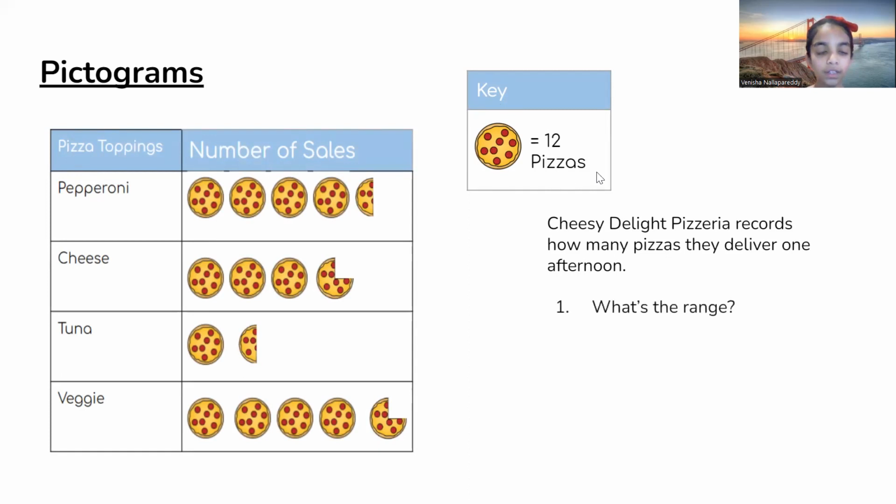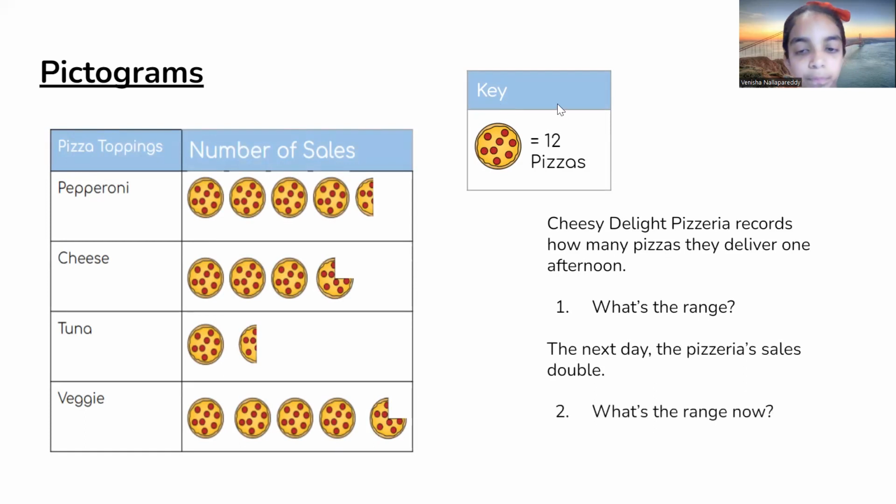And it's asking us what's the range? And the next day, the pizzeria sales double. What's the range now? So let's analyze this piece of data. The pizza toppings are pepperoni, cheese, tuna, and veggie. And one pizza equals 12 pizzas in real life.